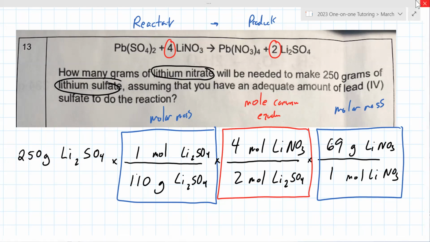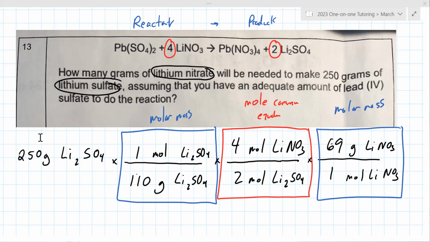So now let's grab the calculator and multiply. 69, 276 divided by... I got 1.25.